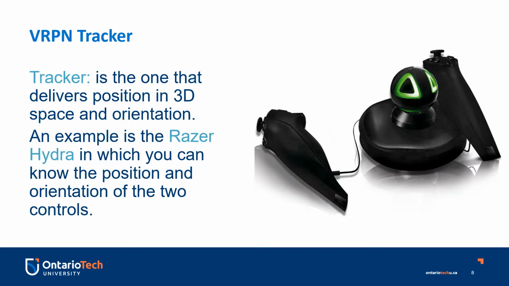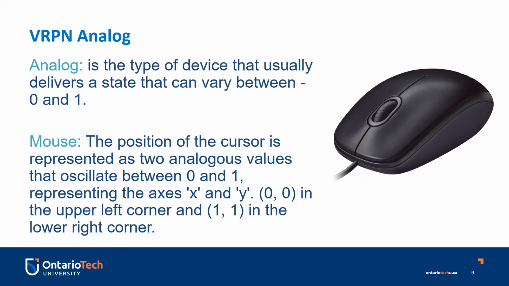A tracker is a device that has position and orientation in a 3D space in a defined number of degrees of freedom. For instance, the Razer Hydra that is shown in the picture has the following information: position and orientation of each control, the button pressing, and the joystick position. A VRPN analog type usually handles information between 0 and 1.